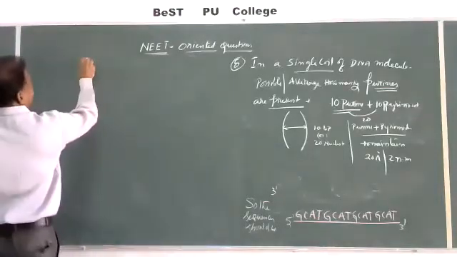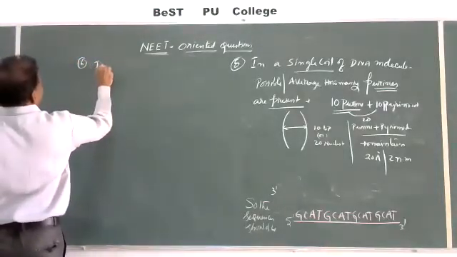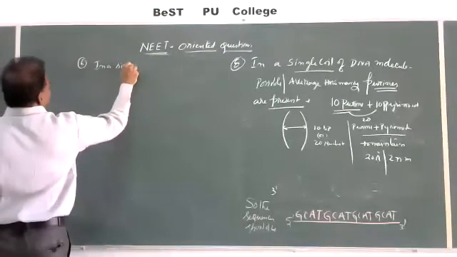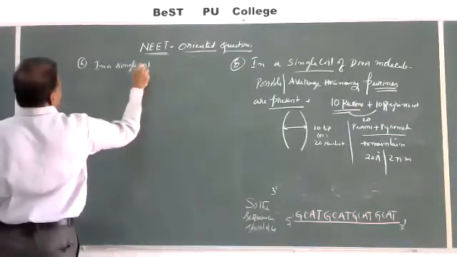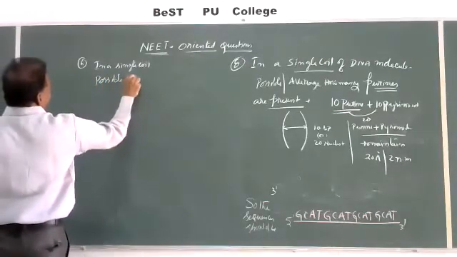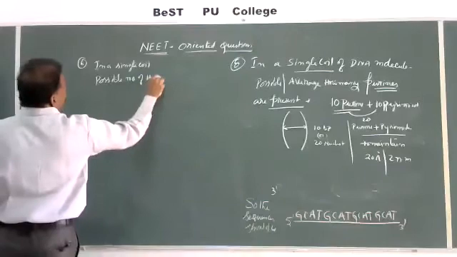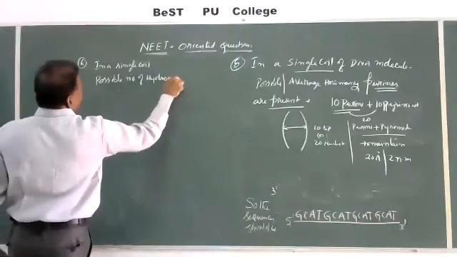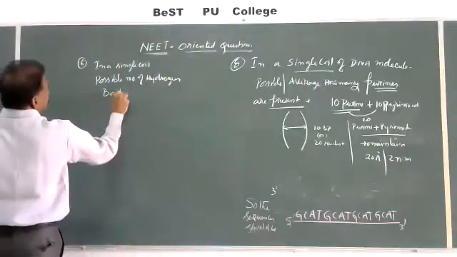In a single coil, possible number of hydrogen bonds.